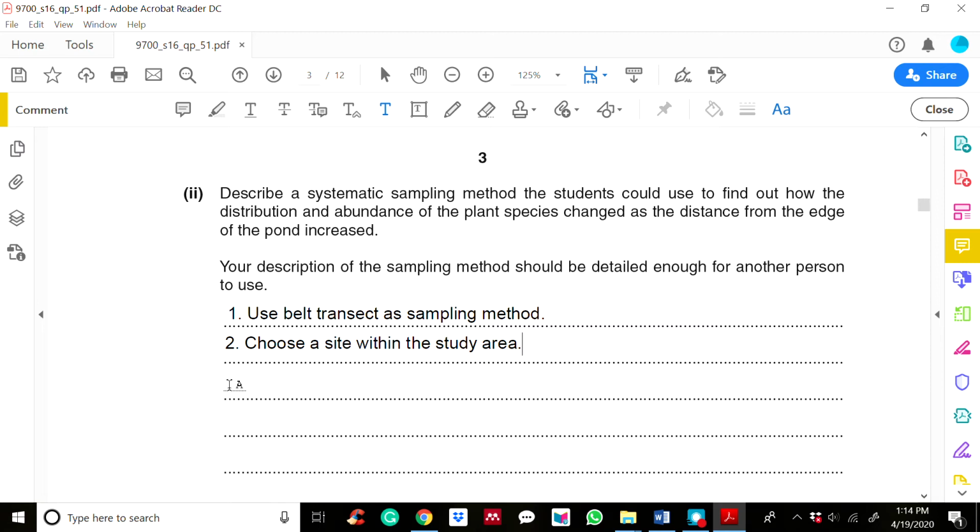First, use belt transect as the sampling method. Second, choose a site within the study area for you to place the rod of the measuring tape in a straight line.